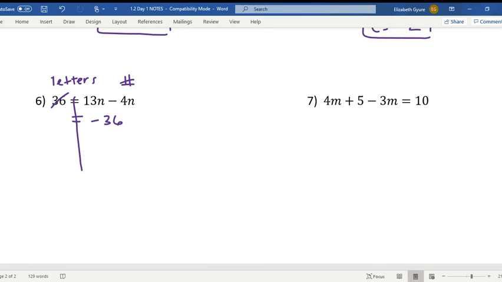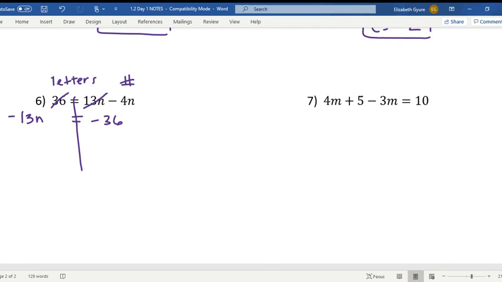Good, and make it what kind of a 13N, Jake? Well, if it was 13N on the right, what kind of 13N should you make it when you move it to the left? Yeah, negative. Anytime you move it, doesn't matter which side, just make it the opposite. So good. So move your 13N over, make it negative.